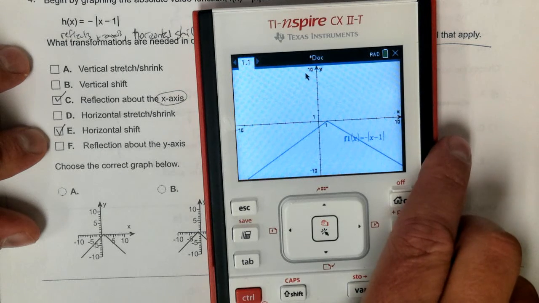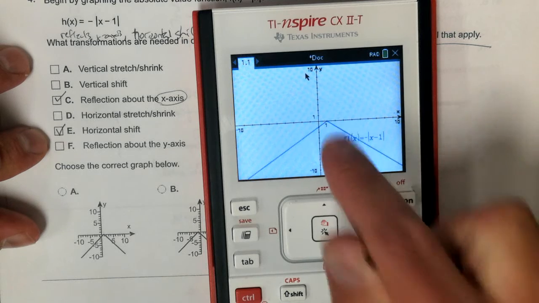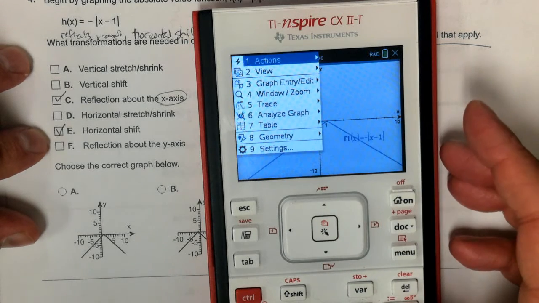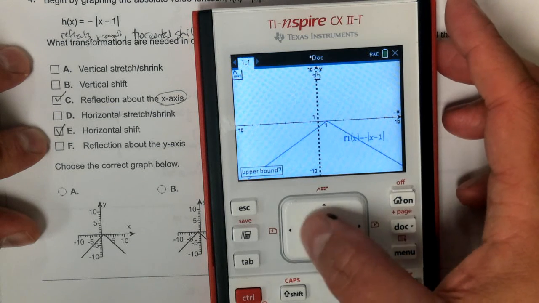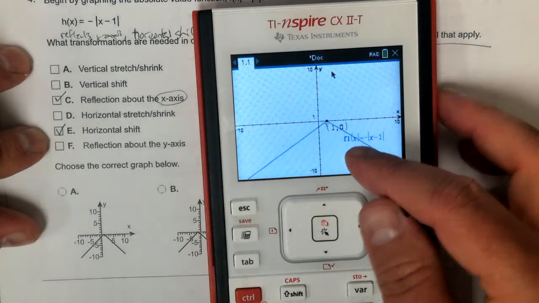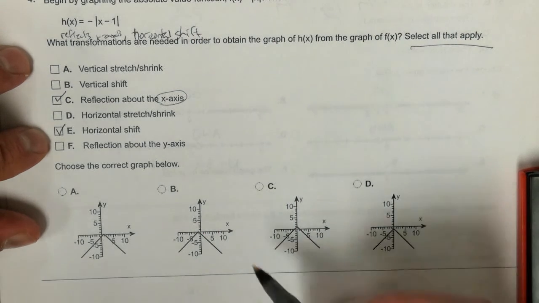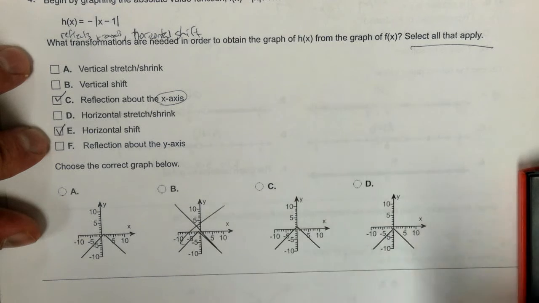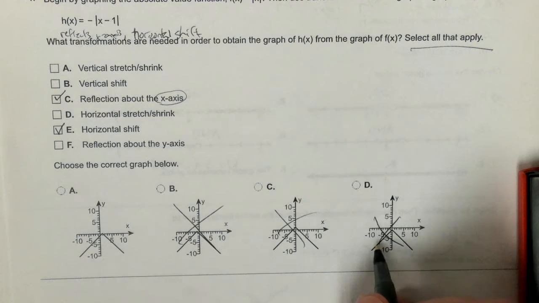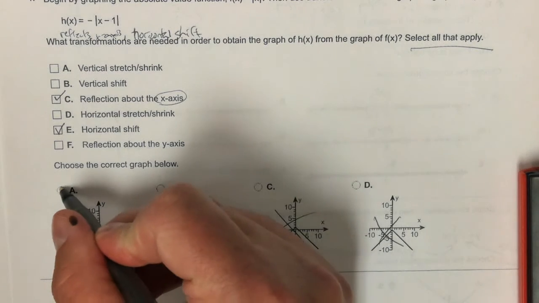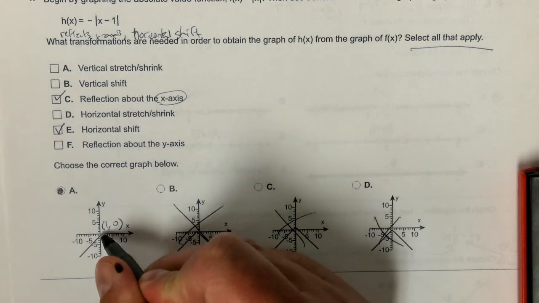And I want to focus on where the vertex is. Looks like 1, 0, but let me find out for sure through the maximum. And that's 1, 0. So it's not this one, it's not that one, and it's not that one. So that's A, based on the 1, 0.